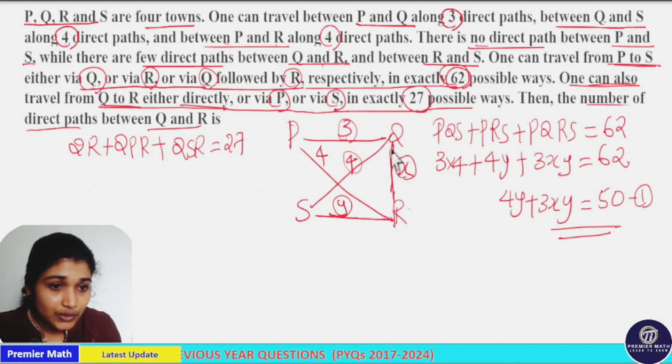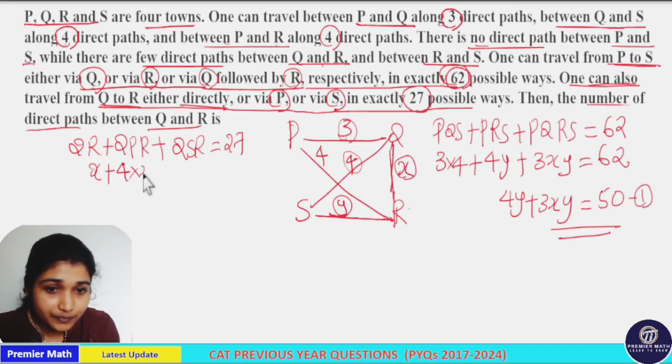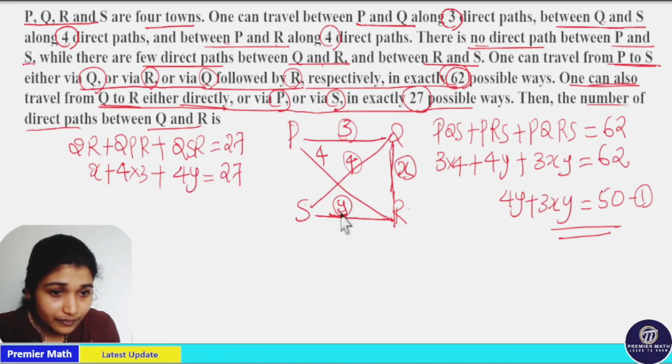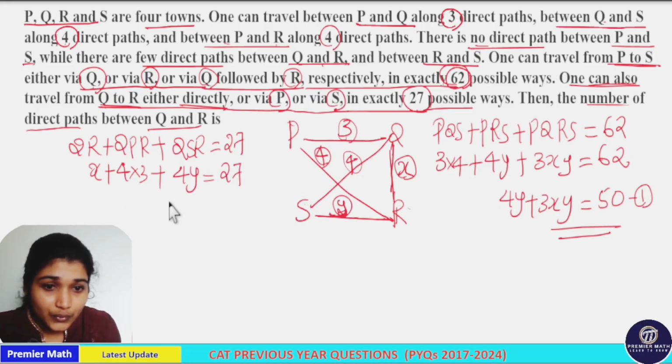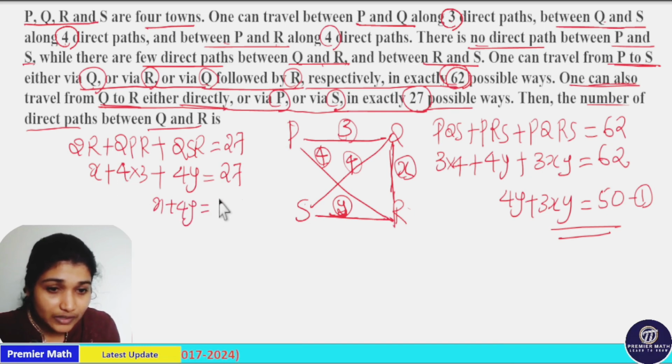So QR is equal to X, plus QPR means 4 into 3, 12, plus QSR means 4 into Y, 4Y. This is equal to 27. Now, from this, X plus 4Y is equal to 27 minus 12, 15. This is the second such equation.